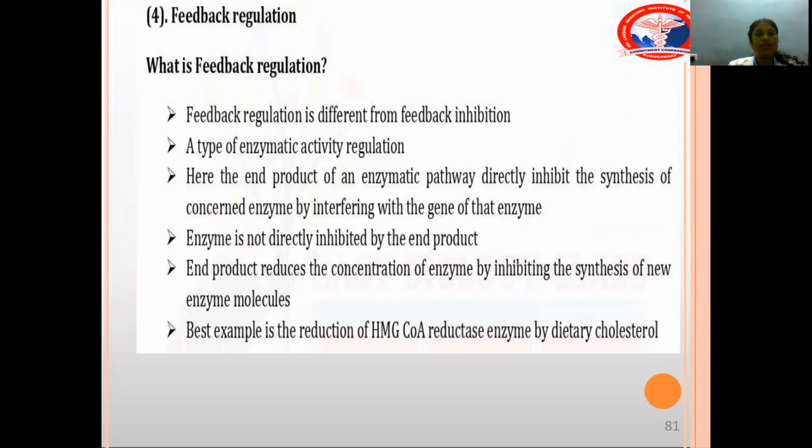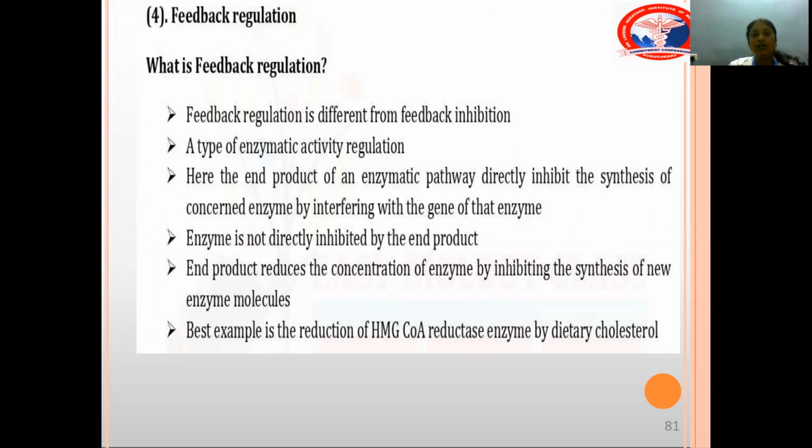The fourth category is feedback regulation. In allosteric regulation, we have seen feedback inhibition. This is a totally different entity from feedback regulation, which is another type of enzyme activity regulation. Here the end product of an enzyme pathway directly inhibits the synthesis of the concerned enzyme by interfering with the gene. Feedback inhibition acts at the level of the metabolic pathway, whereas here the end product inhibits gene transcription at the genetic level.